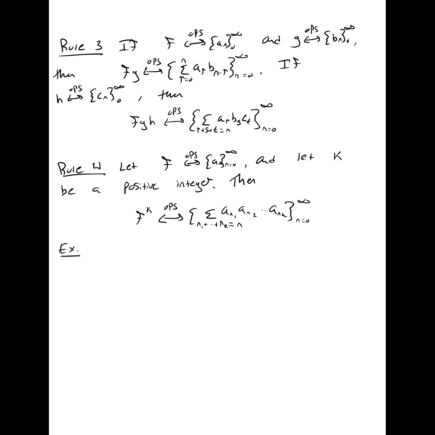This is cool. Let f sub k be the number of ways to write n as an ordered sum of k non-negative integers.